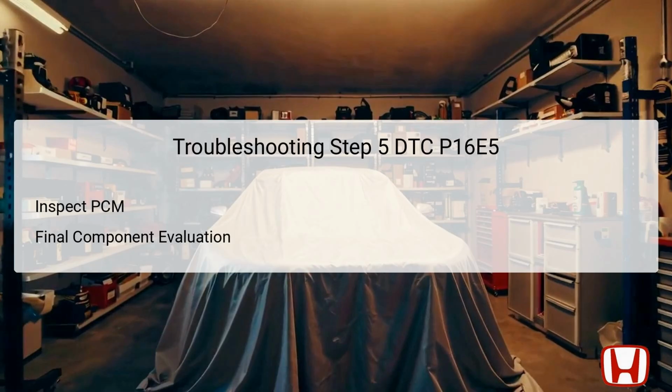This inspection evaluates the PCM for any physical damage, disconnections, or malfunctioning processes. It's important to isolate this as the potential fault before concluding that further repairs or replacements are necessary. If found defective, replacing the PCM may be required to restore normal communication and operational functionality to the vehicle.